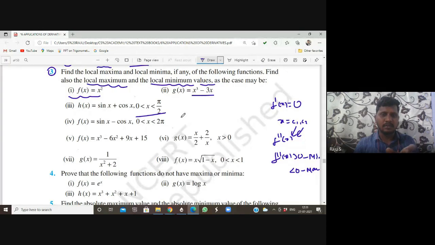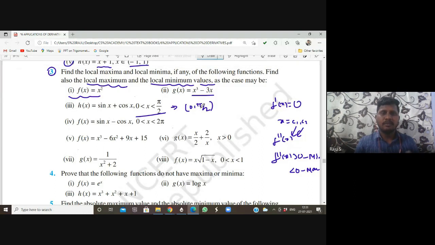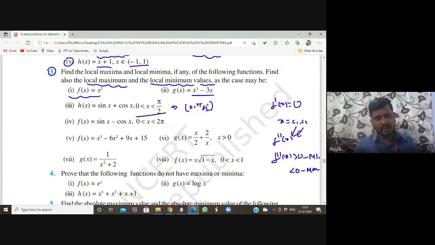When you observe this question, clearly the given interval is 0 to 90. In previous questions, they did not give the interval, but here they gave the interval. So whenever they give the interval, is it necessary to find the second derivative?